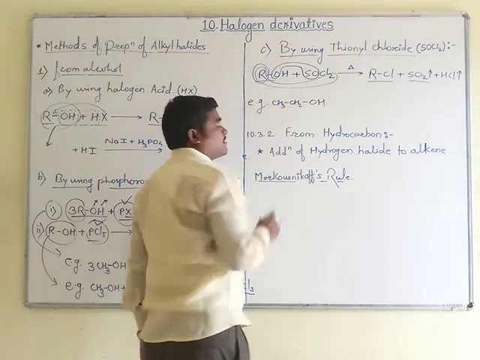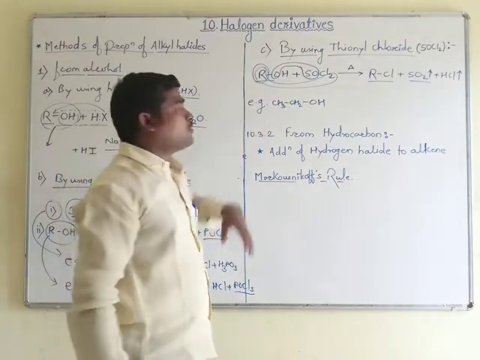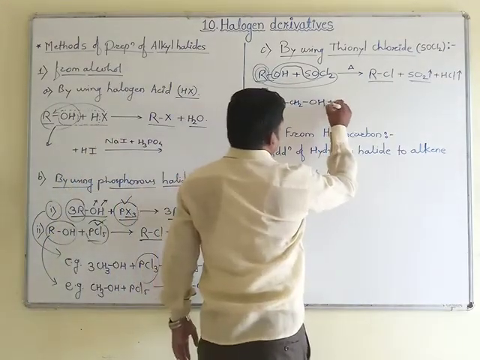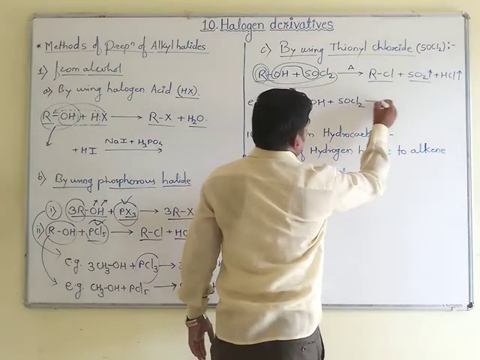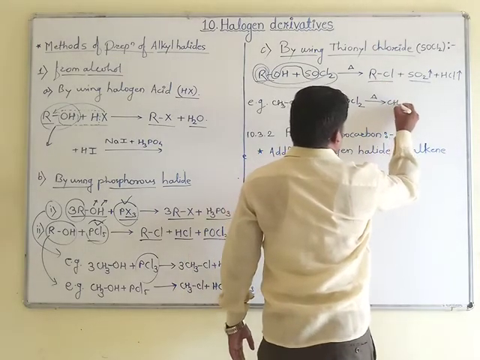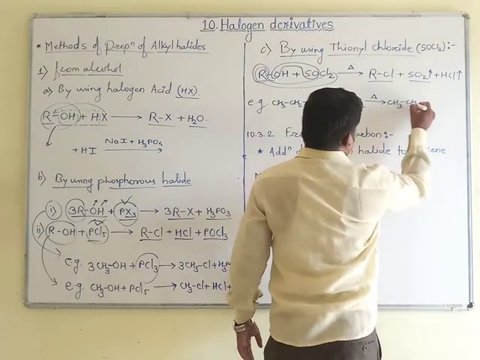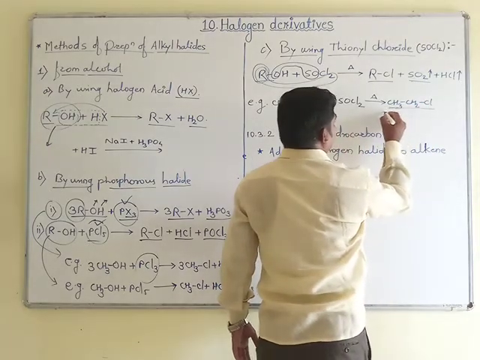What is the name of this compound? It is nothing but simple ethyl alcohol, which on reaction with thionyl chloride, that is SOCl2, in the presence of heat, we will get its corresponding alkyl halide, that is CH3CH2Cl.